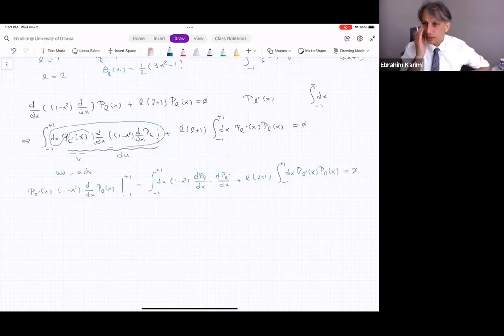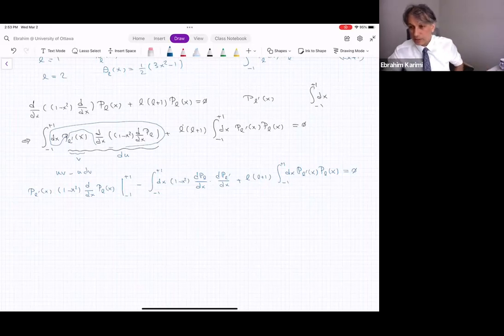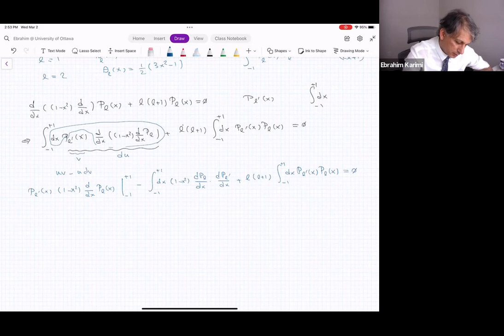Do you agree, guys? So what I have done is just use integration by parts and then expand the first term. What is the result of the first term out of the three? This one.